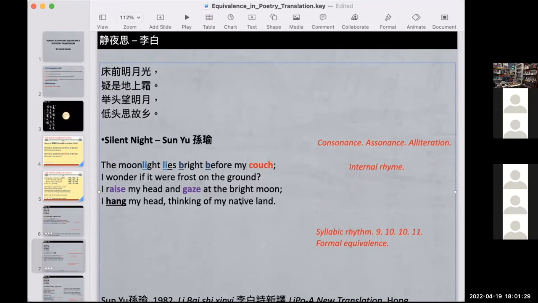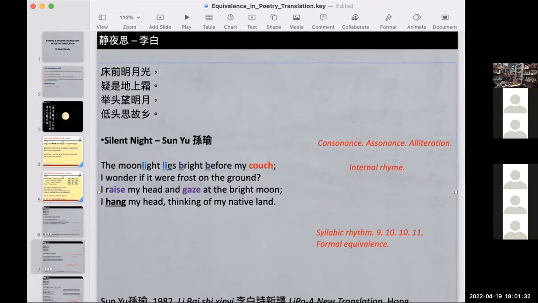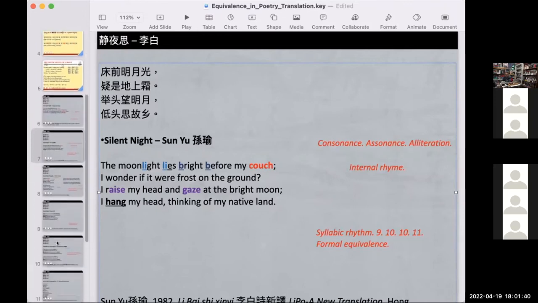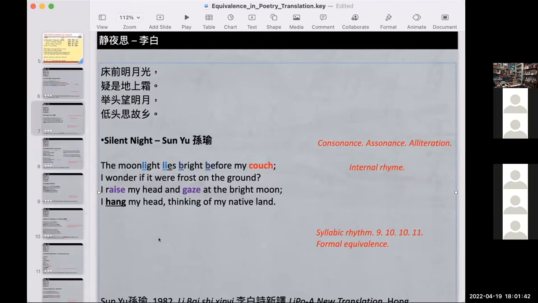"Thinking of my native land." Couch, ground, moon, land. There is no end rhyme, but he did his best to include some musicality within the lines. Not bad. So I would say this is a syllabic rhythm.